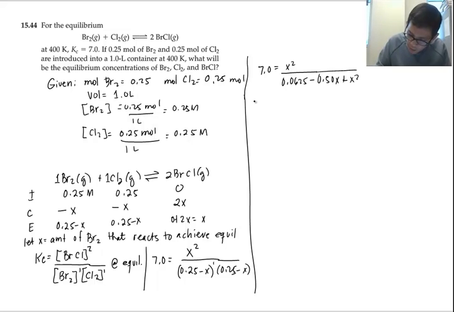So expanding, you get 7.0 times (0.0625 minus 0.50x plus x squared) is equal to 4x squared.